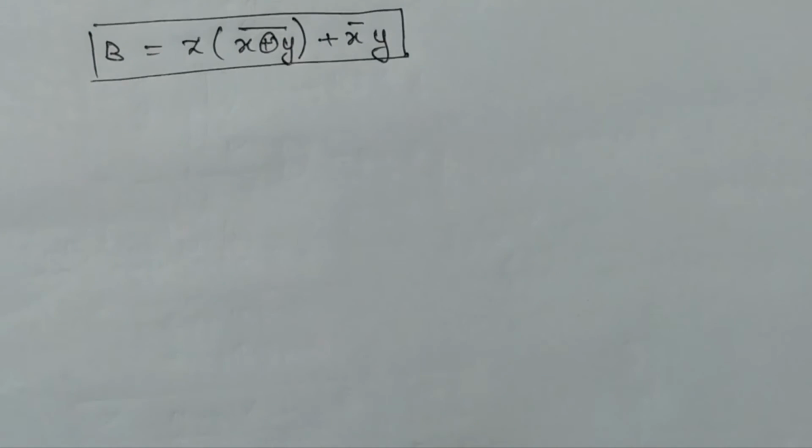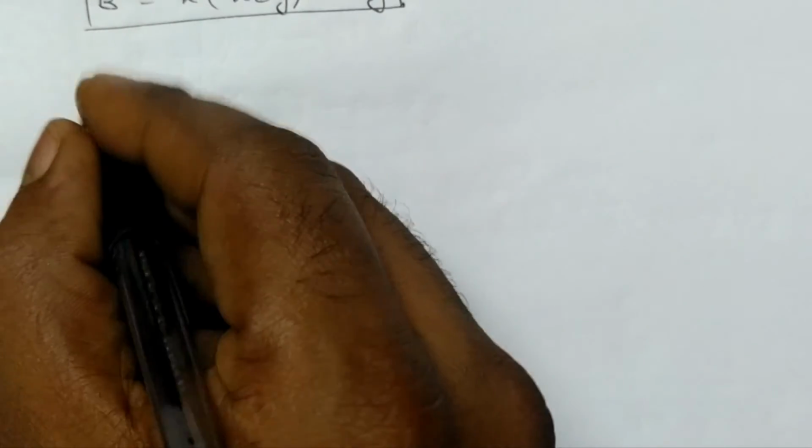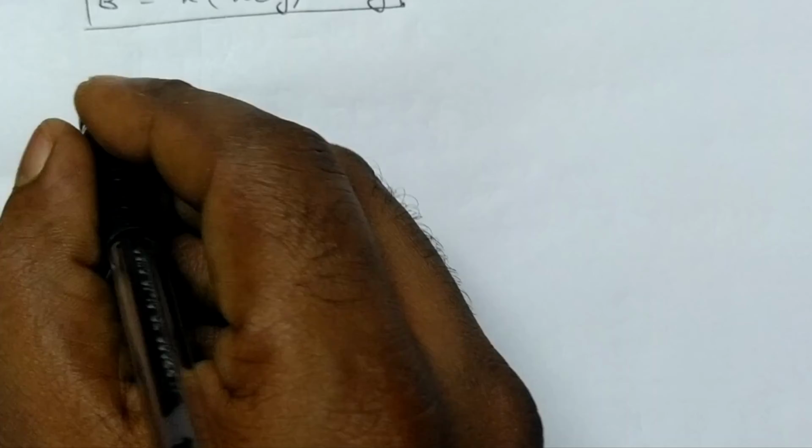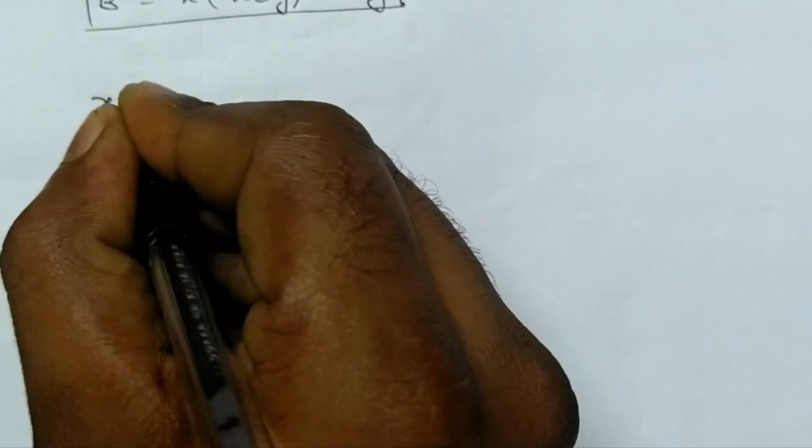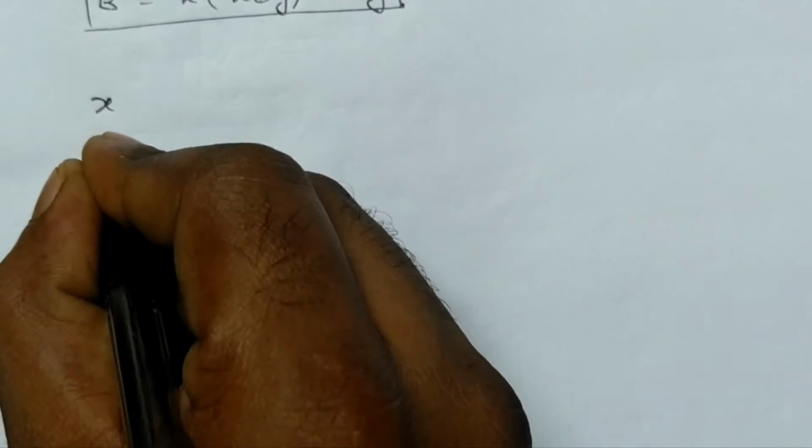So now we will go for the implementation. This implementation is similar to implementing full subtractor using 2 half subtractors. So here we know that difference is nothing but x XOR y XOR z.